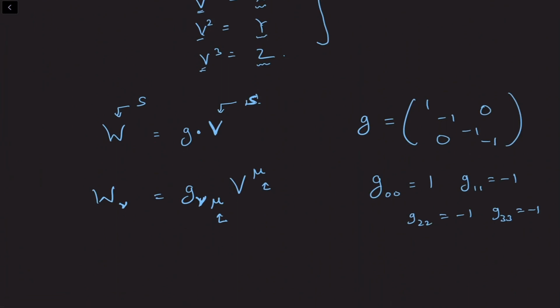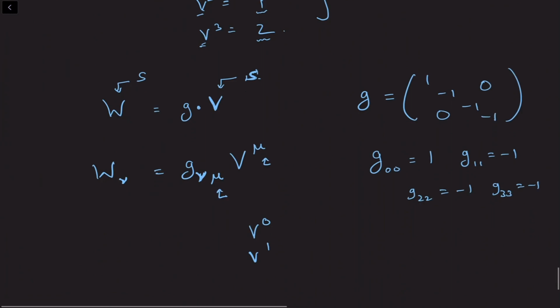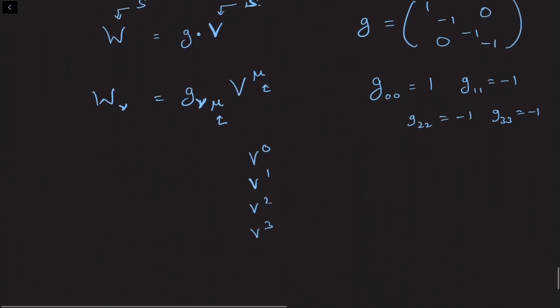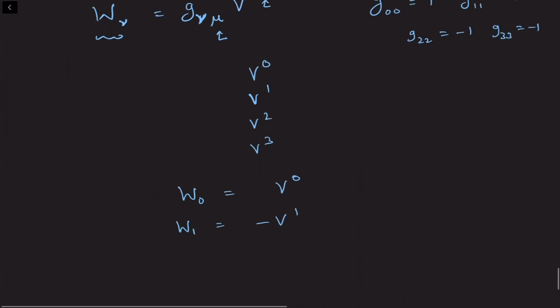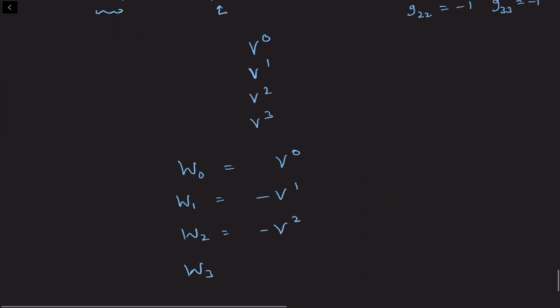So supposing I have V0, V1, V2, V3, the components of W would be W0 is V0, W1 is minus V1, W2 is minus V2, and W3 is minus V3.